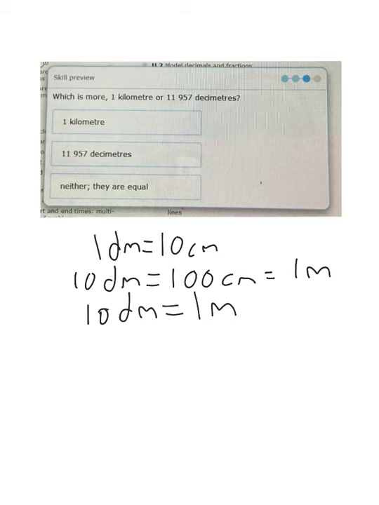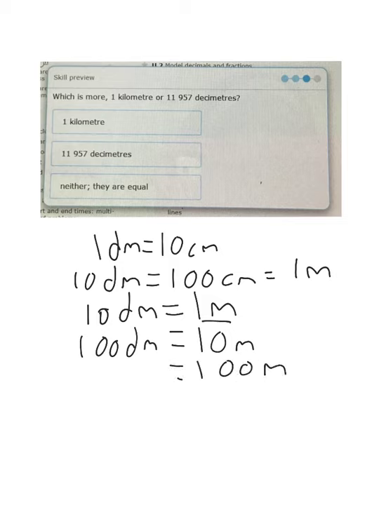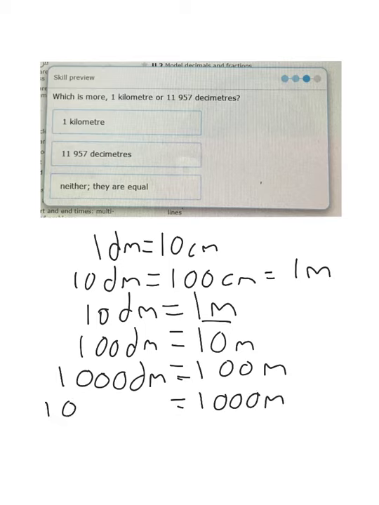Okay, let's start getting bigger because we know that there's 1,000 meters in a kilometer, so we want to build up there. So if 1 meter is 10 decimeters, 10 meters must be 100 decimeters, and therefore 100 meters must be 1,000 decimeters, and then 1,000 meters must be 10,000 decimeters. Now 1,000 meters also equals 1 kilometer.